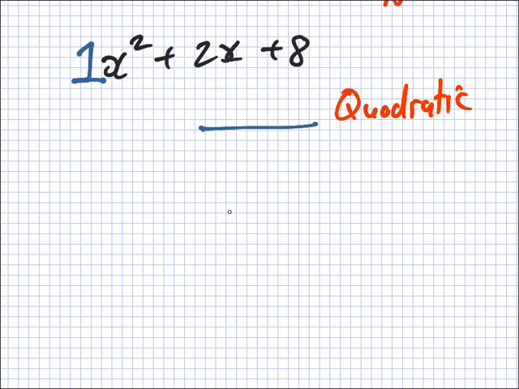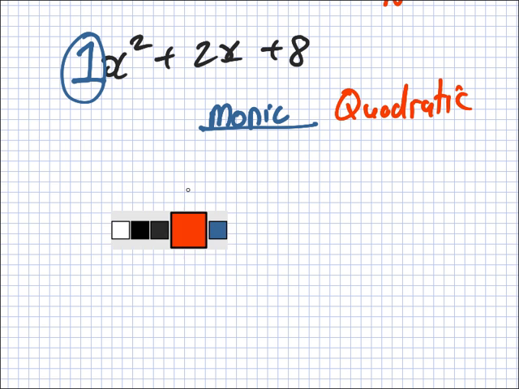A something quadratic. Good guess. It is a simple quadratic, but that's not the right word. Anybody know? Okay, I think you might know. You call it a monic quadratic. Monic means it starts with 1, okay? Anyways, let's have a look at the process.